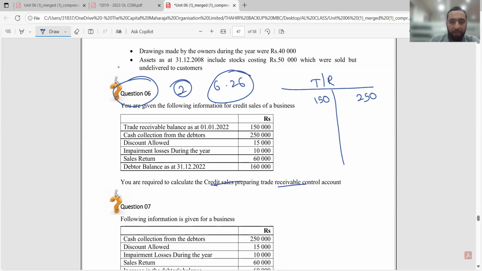Discount allowed. Discount allowed is an expense, that is debit and debtors credit. Very simple. Impairment. Impairment means it's an expense, P&L debit and debtors credit, right? And then sales return. Sales return is inventory debit and debtors credit, right? Very simple.